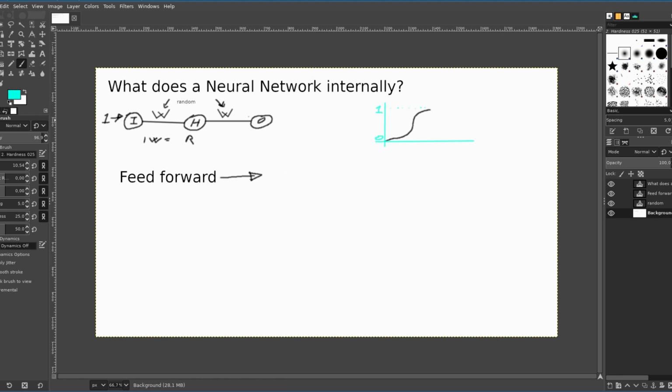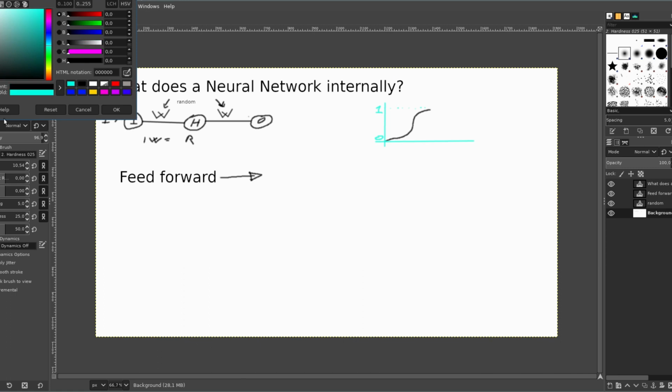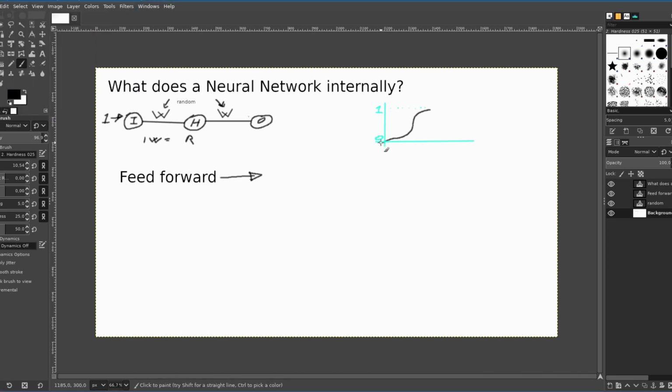Basically, what this function does is take any input and squash it between 0 and 1. So it basically takes this linear function and turns it into a non-linear function. Usually the most simple activation function is the sigmoid, which is indicated with this symbol.